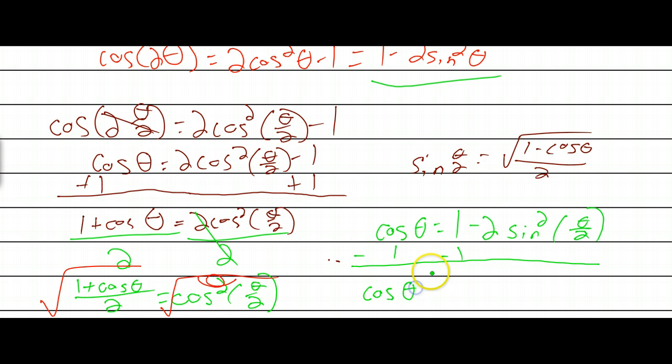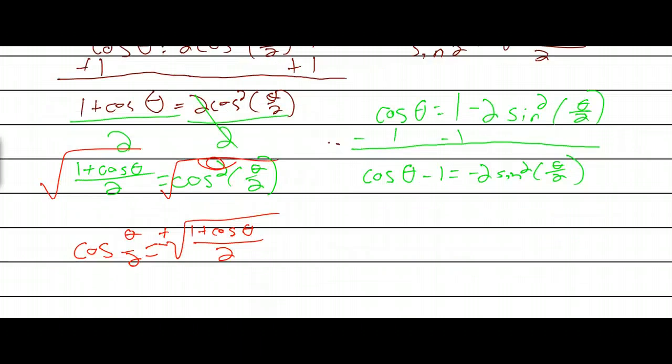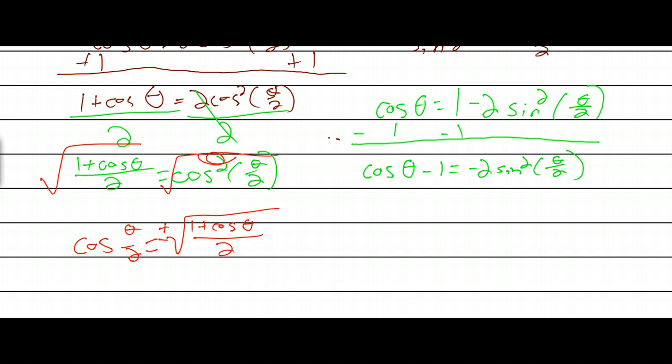So it's cosine theta minus 1 is equal to negative 2 sine squared theta over 2. Now you got to get rid of the negative 2, so divide both sides by negative 2. So we have cosine theta minus 1 over negative 2 is equal to sine squared theta over 2.